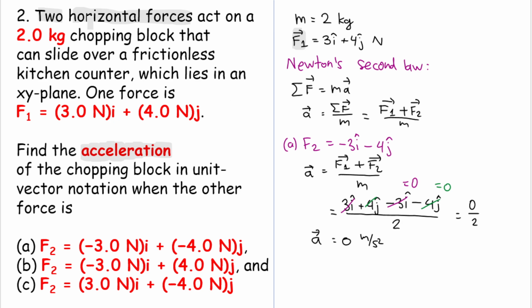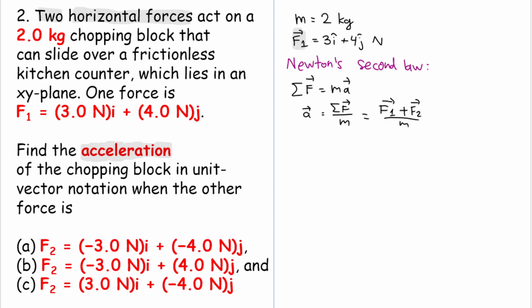Good. Now let's highlight that and let's move on to question B. We can just play the same game, but our slide is full. Maybe let's clean this up. So now for question B, we are given that F2 is equal to minus 3 plus 4.